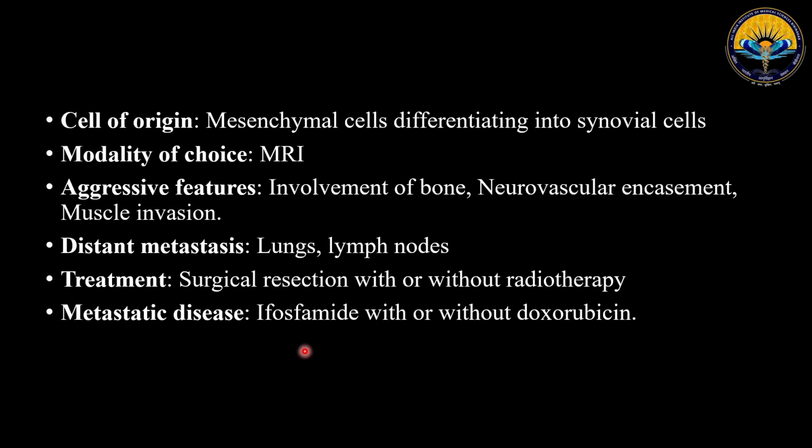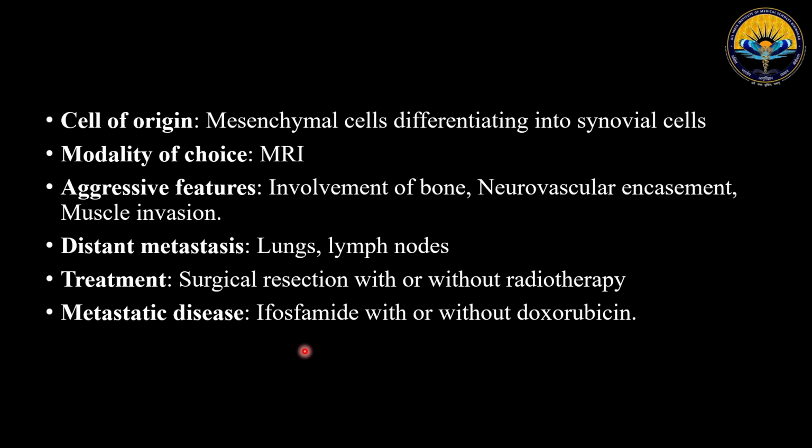And the cell of origin: even though the tumor is named synovial sarcoma, it does not originate from the synovial sheath only. These are mesenchymal cells that are differentiated into synovial cells. That is the cell of origin. The modality of choice is MRI for the local extent and adjacent involvement, neurovascular bundle and nerve involvement, muscular involvement.